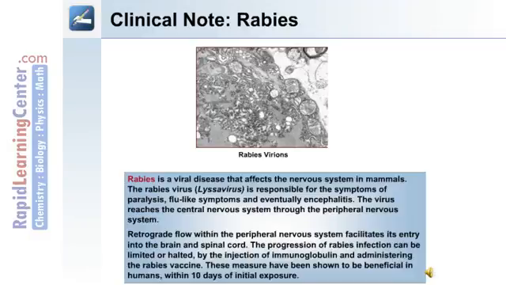Retrograde flow within the peripheral nervous system facilitates its entry into the brain and spinal cord. The progression of rabies infection can be limited or halted by the injection of immunoglobulin and administering the rabies vaccine. However, these measures have been shown to be beneficial in humans only within 10 days of initial exposure to rabies.